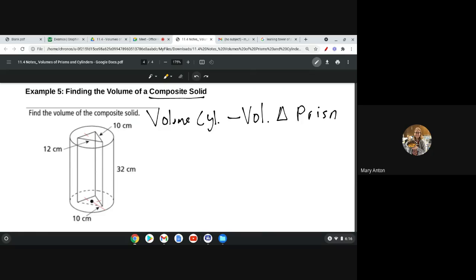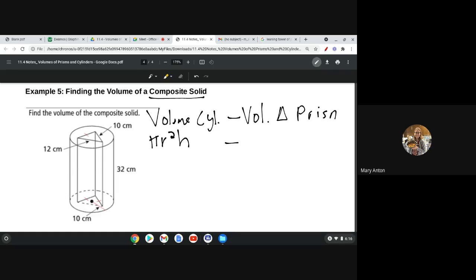All right, so first steps first, find the volume of the cylinder. Volume of the cylinder, if you can remember, is pi r squared times the height. And the volume of the prism is, actually, nah, let's deal with that next. So we're just gonna leave this here. Volume of the cylinder, let's deal with that first.